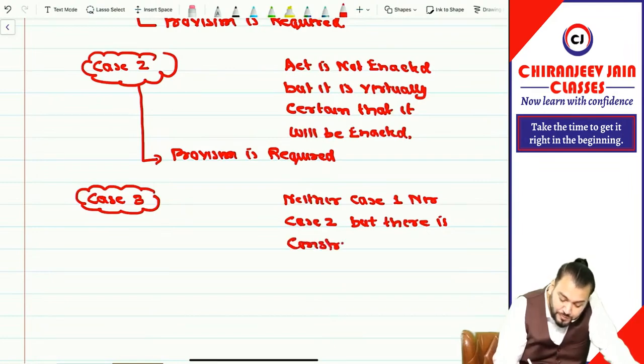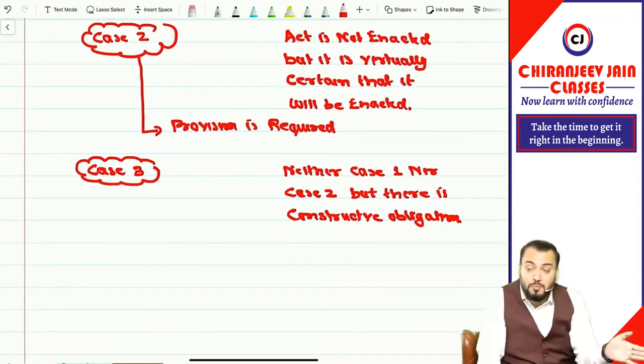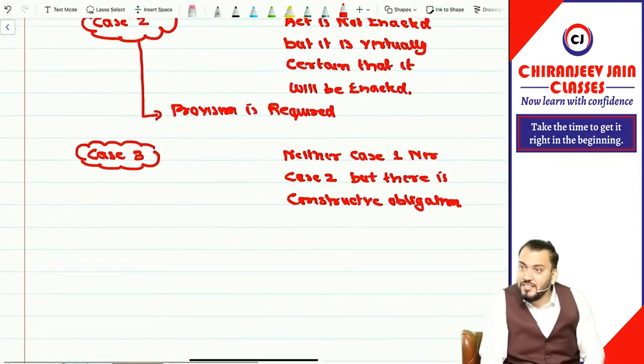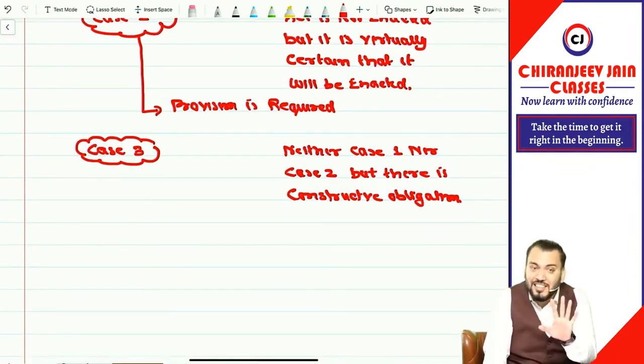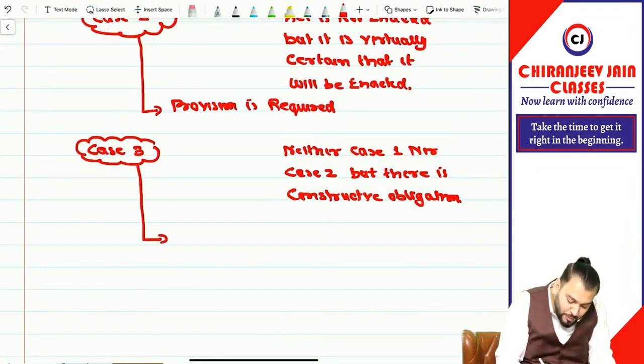Quite possible. There is a constructive obligation, means there is a published policy of cleaning up the environment. So will you create provision? Yes, if all other conditions are satisfied. So case number 3 also, what? Provision is required. This is 100% expected question.